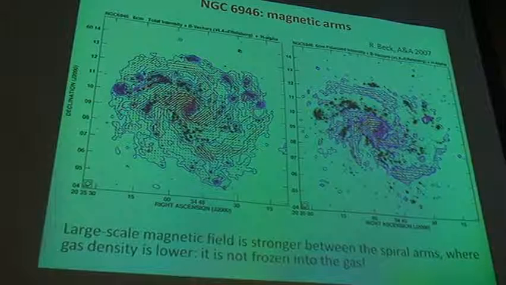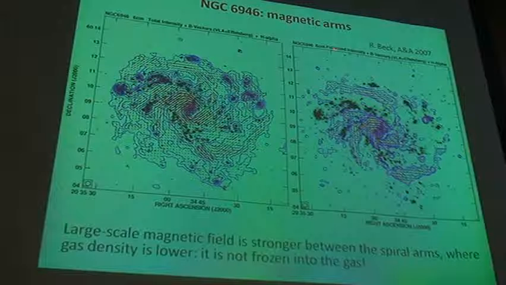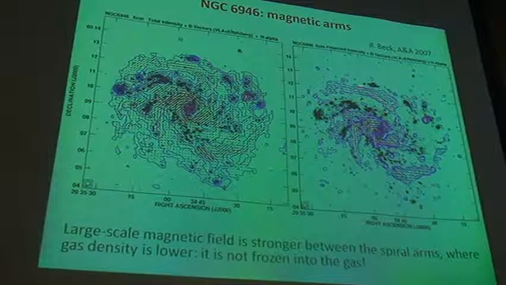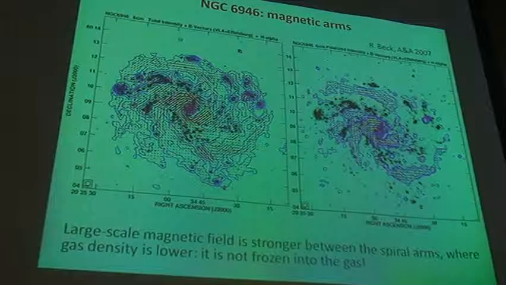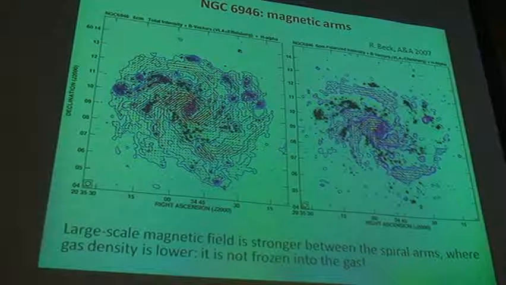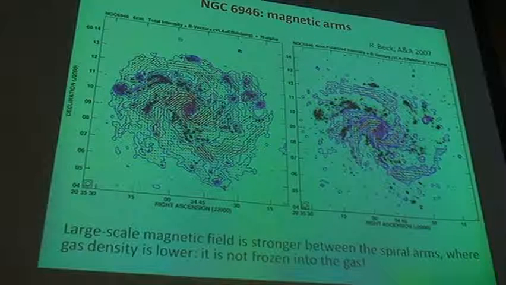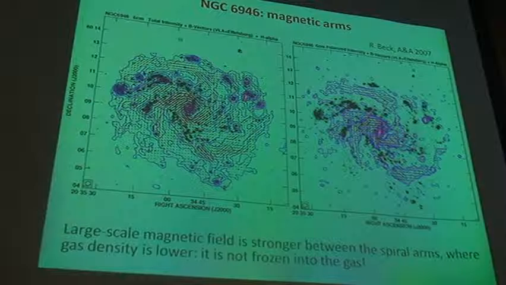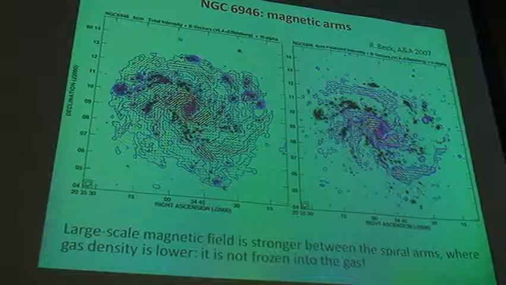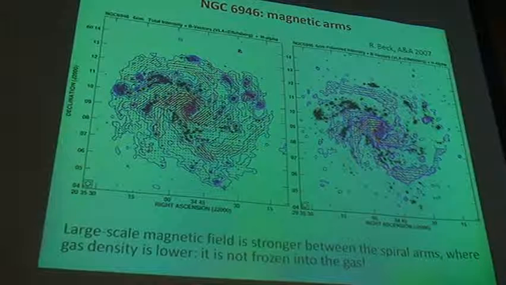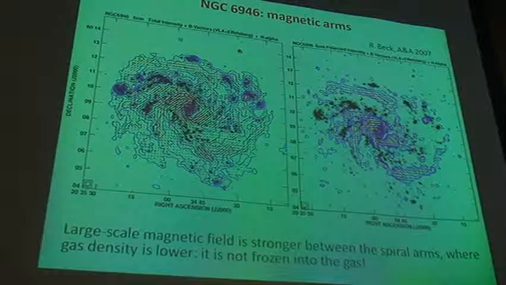Fine. Now let's look here. This is polarized intensity. So this is the tracer of the large-scale magnetic field. And remembering my comment, perhaps also some anisotropic magnetic field. Okay, now you see quite nicely spiral arms. Fantastic. So the large-scale field is stronger, and the anisotropic magnetic field is stronger within the spiral arms.